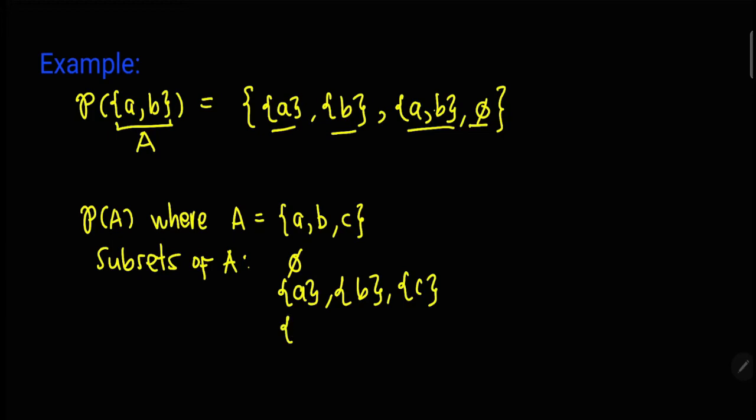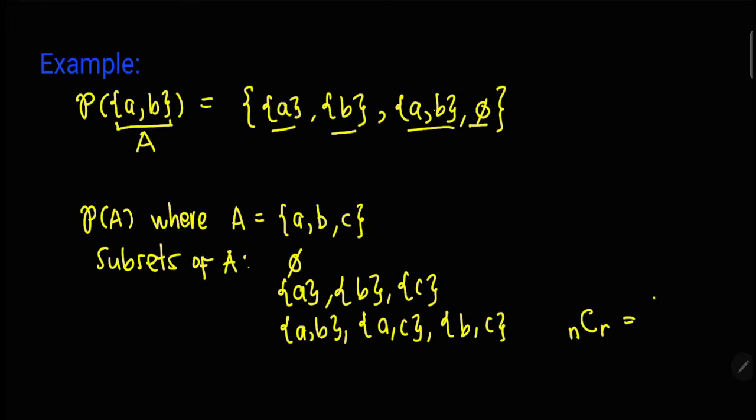Next is to get any two of the elements. By the property of counting, just get any two at a time. So A and B, or A and C, or B and C. Given three elements, taking two at a time, if you remember the formula of n taken R, we have n elements taking R at a time.